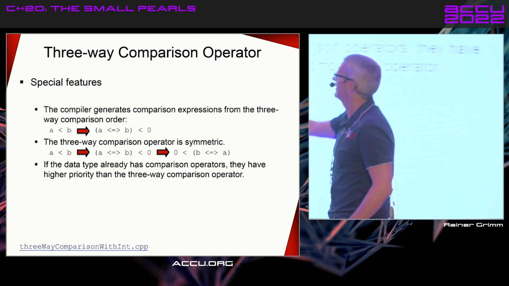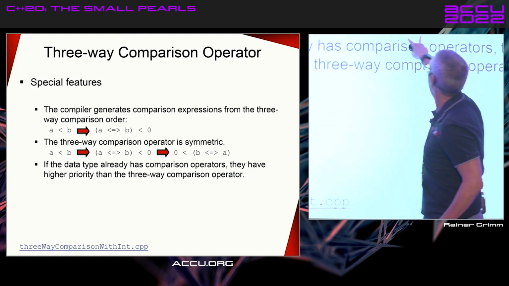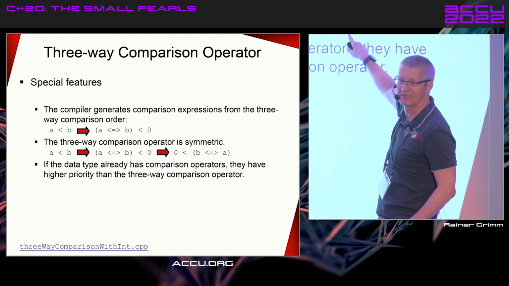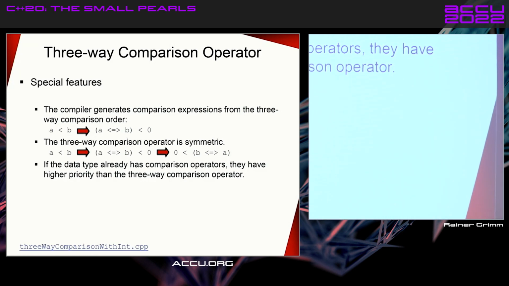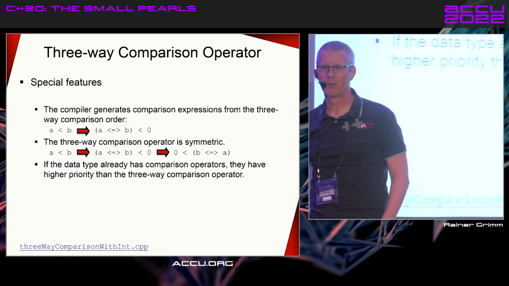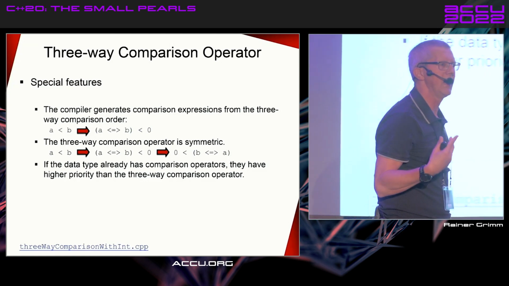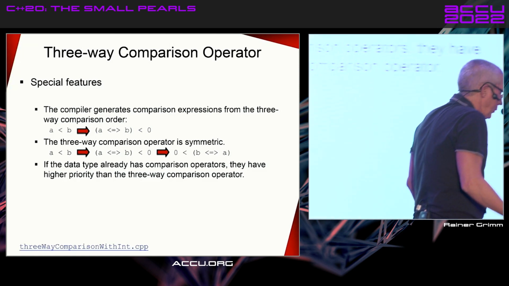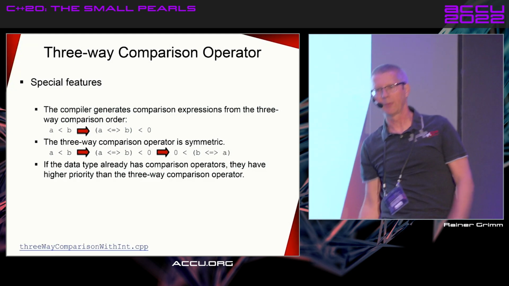When you do a smaller b, and this is not available, the compiler rewrites it to b bigger than a, essentially. You see? So the order is switched, and you do it from the left to the right, and then from the right to the left. So the compiler rewrites this, which makes a lot of sense. If not, you would have to implement it in two ways. Once from the left, once from the right.